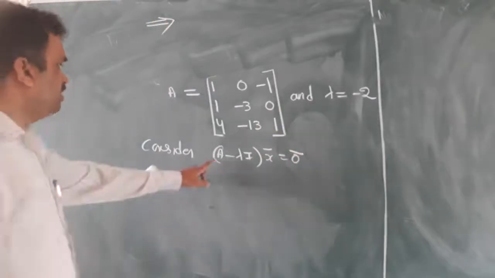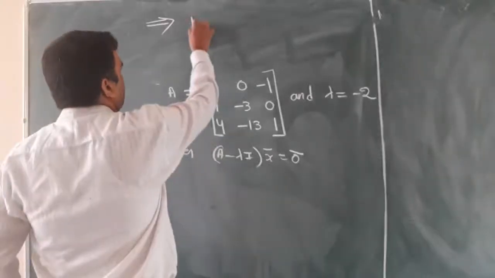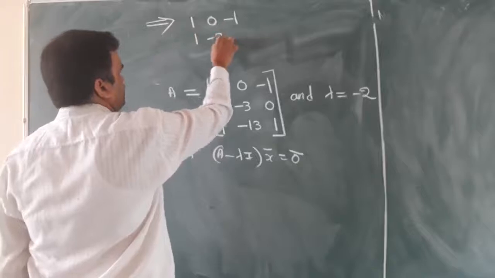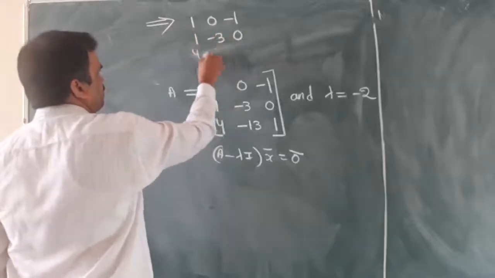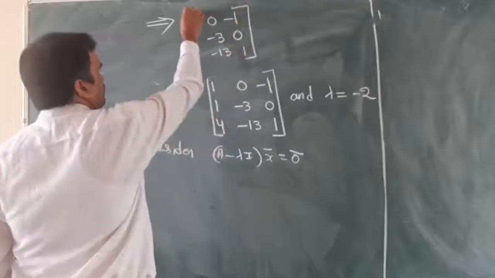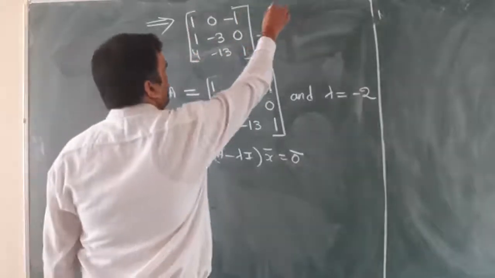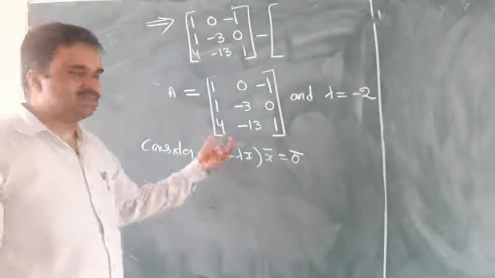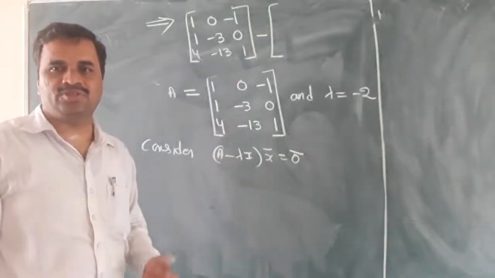Come on. We already have matrix A: 1 0 minus 1; 1 minus 3 0; 4 minus 13 1, minus lambda times the identity matrix, 3 by 3 matrix 1 0 0; 0 1 0; 0 0 1.